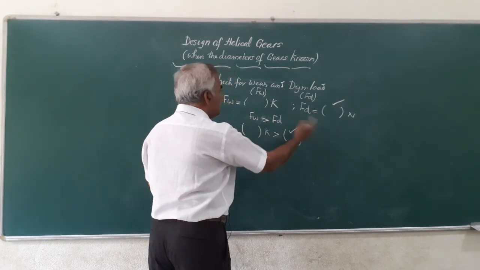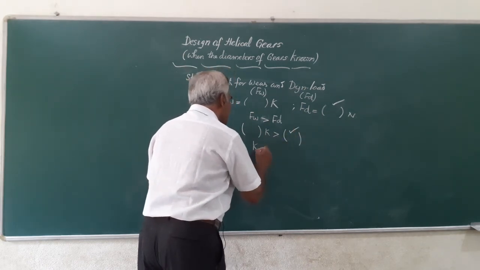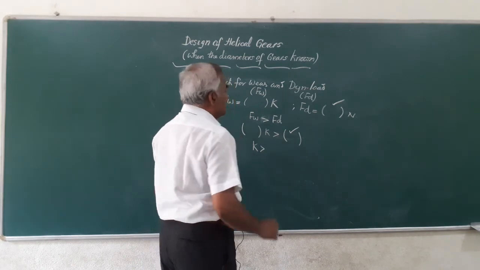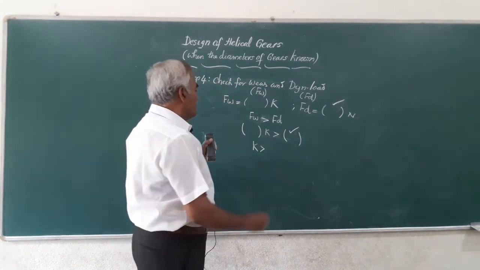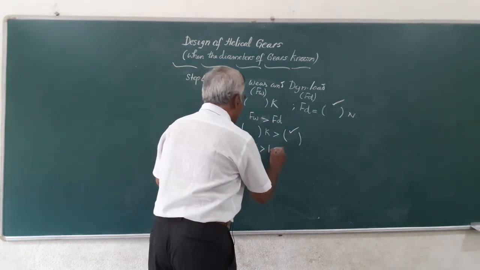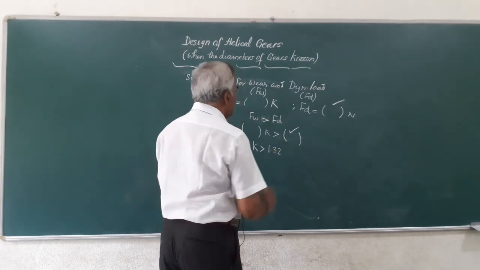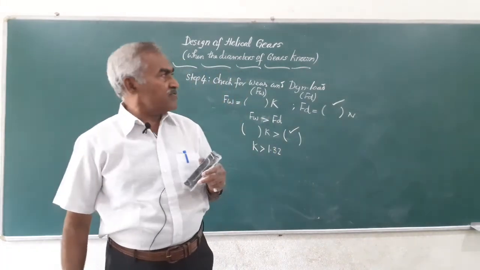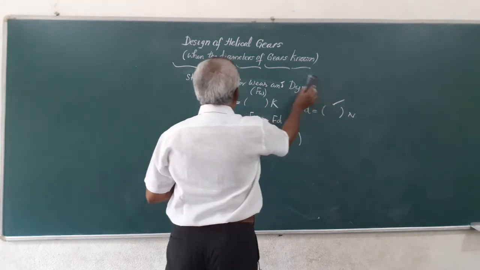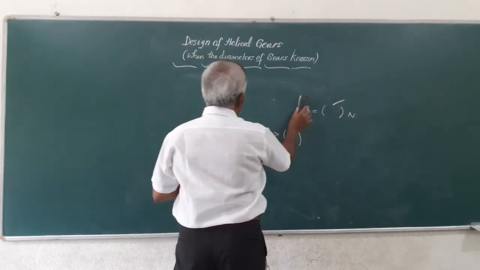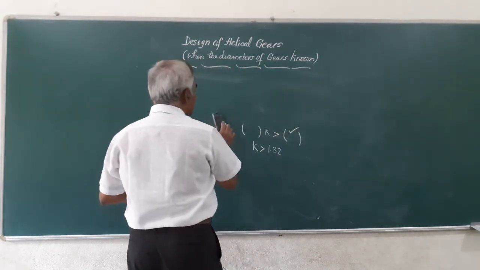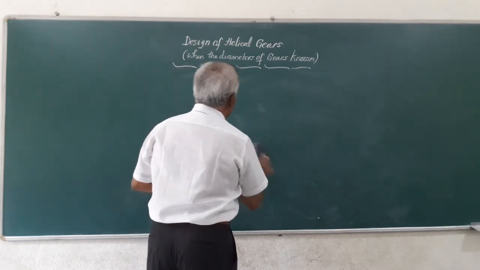Friends, from equating these two, you will be able to get K, the load stress factor, say you are getting 1.32. So, friends, after getting the value of K, you can refer to the data handbook and obtain the hardness to which the gear and pinion are to be hardened.